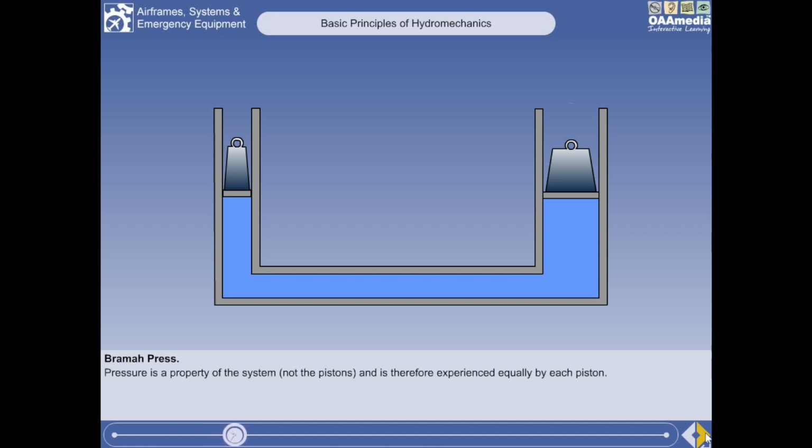Because each piston has a different surface area, the force exerted by each piston will be different, even though the pressure is the same. Although in our example the pistons are close together, this does not need to be the case. The interconnecting pipe can be as long as required, and ignoring friction, it will have no effect on the system.